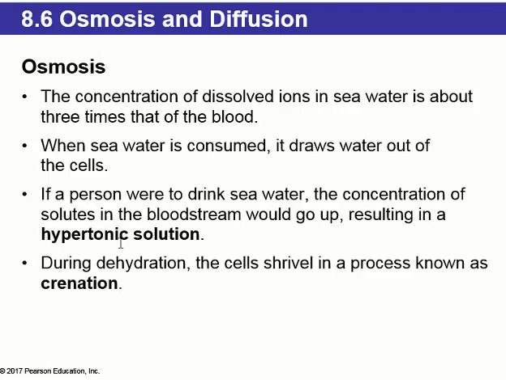And this is what's known as a hypertonic solution. And so what would happen is water would travel from the cells to the bloodstream in an attempt to lower the concentration of the blood. And this process is known as crenation. And if you were ever to drink seawater, you would become dehydrated due to this process.